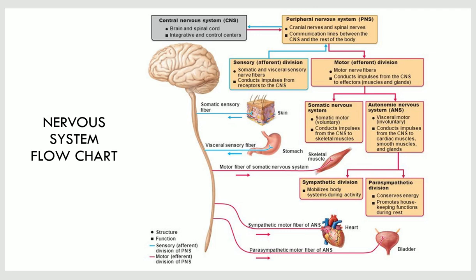Before I get into those, because we have sensory afferent and motor efferent, let's talk about what afferent and efferent mean, because you're going to see it a lot in the rest of the semester of Anatomy 1, and then you'll see it a lot in Anatomy 2. So, afferent, efferent are going to come up a lot, A&P 1 and A&P 2, so learn them now.